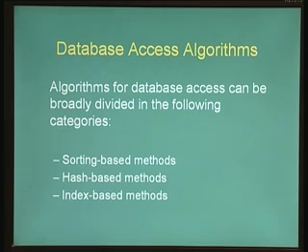That is, they are sorted as and when they are scanned, and because they are sorted, this property would help in performing certain other relational operators like say join in an efficient fashion. Similarly, hash based methods use some kind of a hash function to quickly search for whatever tuple or data element is being asked for within these relations. And index based methods resort to index structures like trees or balanced trees and so on for searching the required data element.